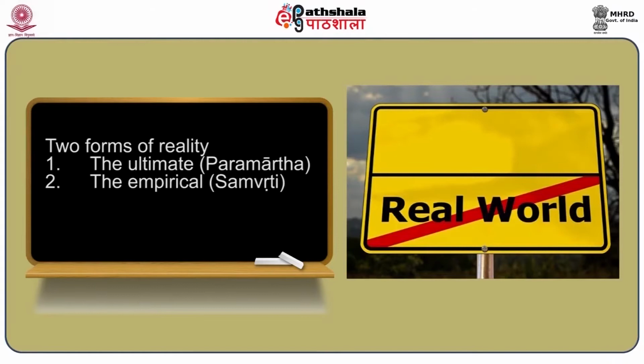The Buddhist attempts to form his nominalism or apohavad by making a distinction between two forms of reality. The two forms of reality are the ultimate, also known as Paramartha, and the empirical, also known as Samvriti Satya.